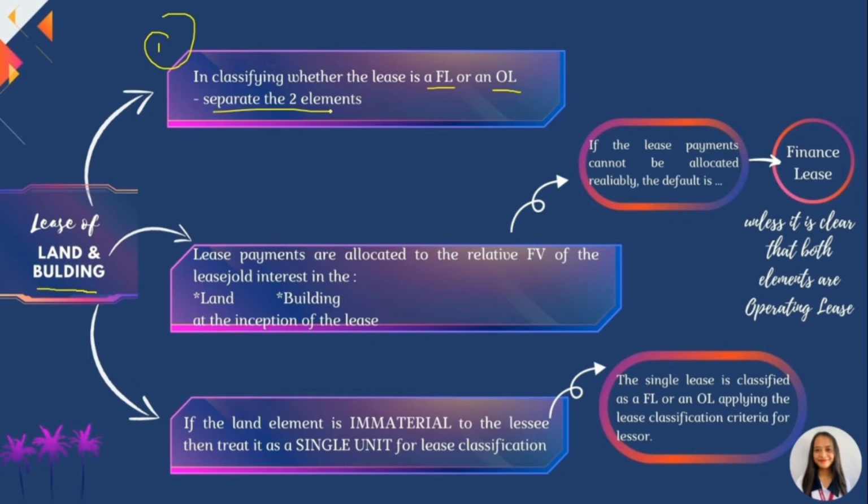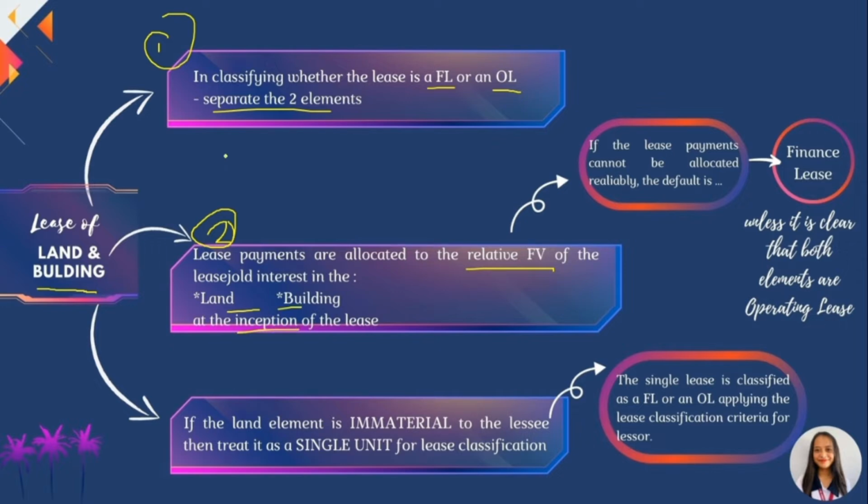Separate the two elements. Second consideration is the lease payment. The lease payments that the lessee has to pay the lessor are allocated to the relative fair value of the leasehold interest in the land and building at the inception of the lease.